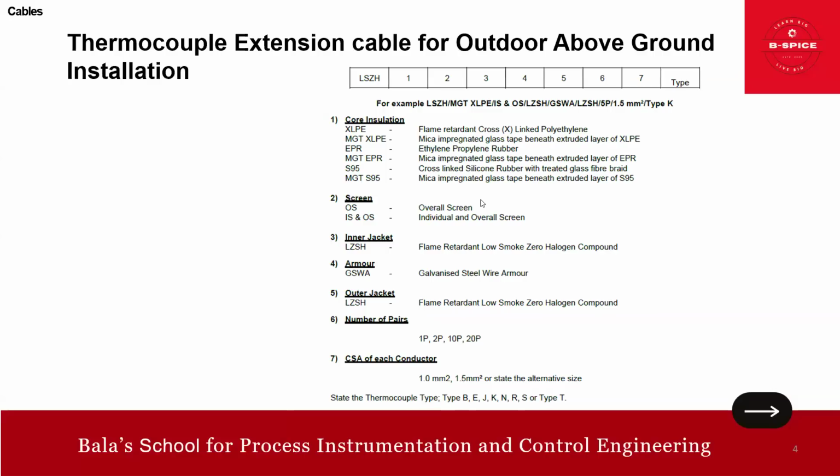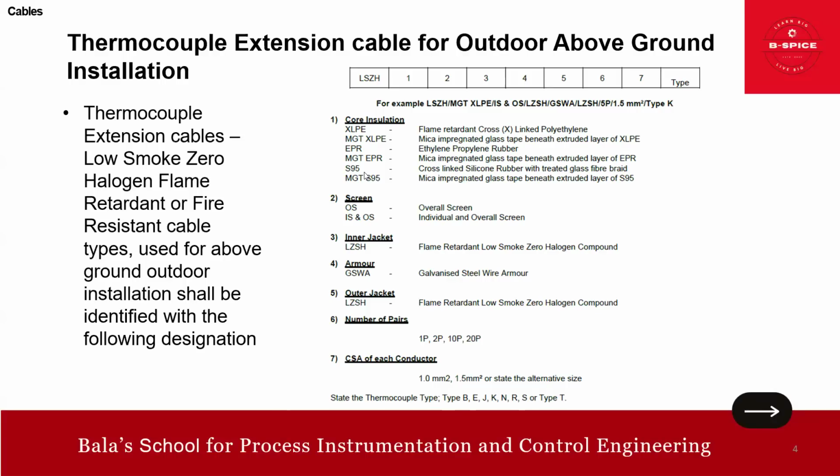Okay. Then we'll go into the thermocouple, friends. This is a little bit different, but again the same. The core and all these are the same. Here, thermocouple extension cable, low smoke, zero halogen, flame retardant or fire resistant. This is for above ground installation.